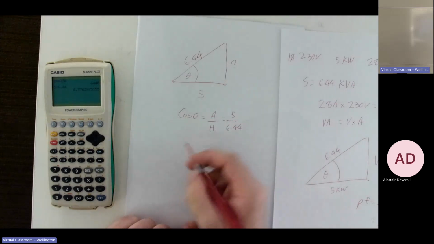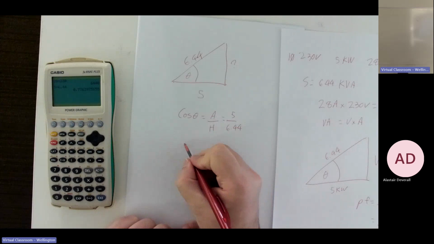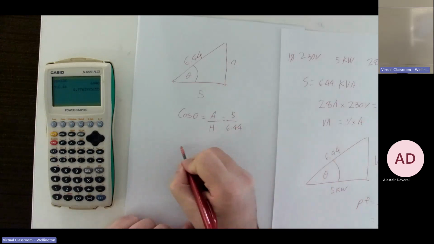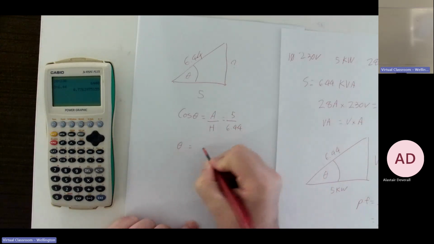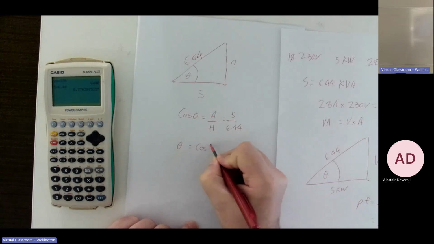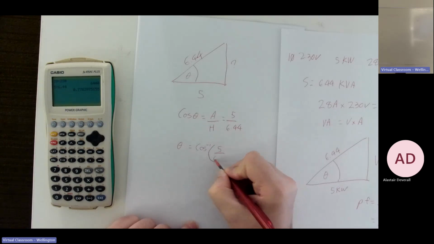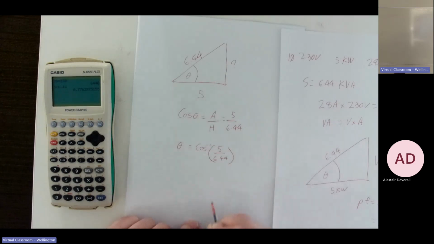We need to work out the angle. So what we actually end up with is theta equals cos to the minus 1 of 5 over 6.44. As we know from earlier on, that was 0.78.